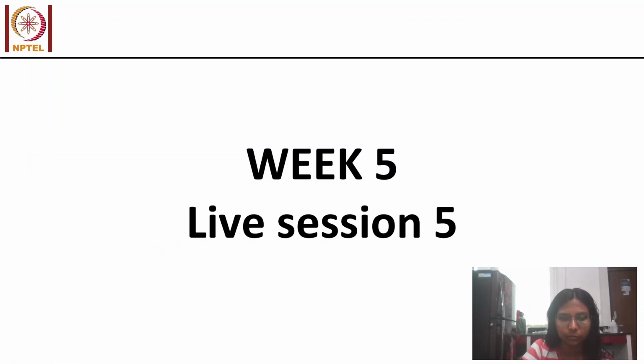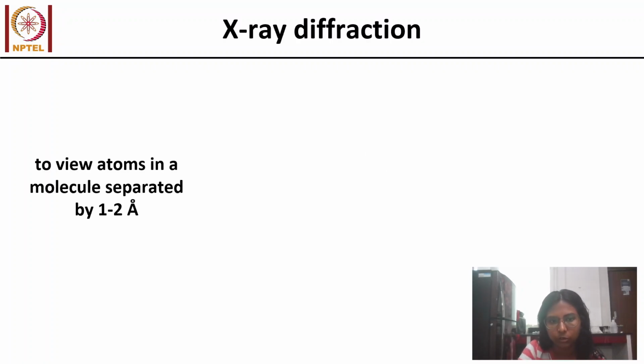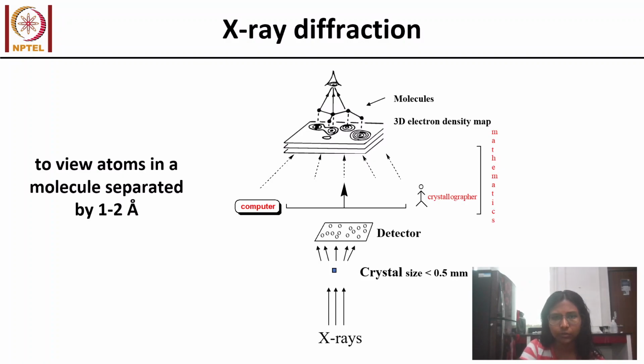Welcome to this live session 5 of week 5 of the course titled Chemical Crystallography. By now we are all very familiar with why we are studying this exciting technique, X-ray diffraction. There are two ways in which we can do this.